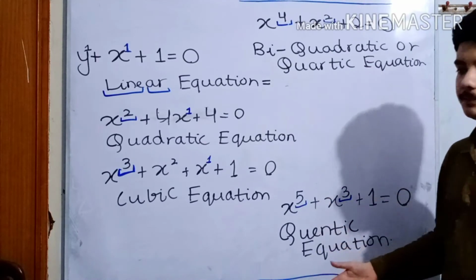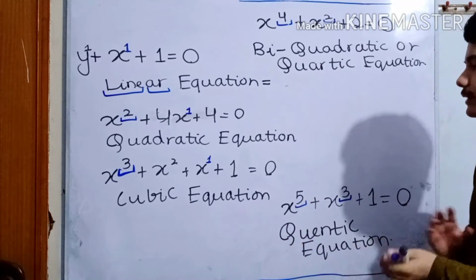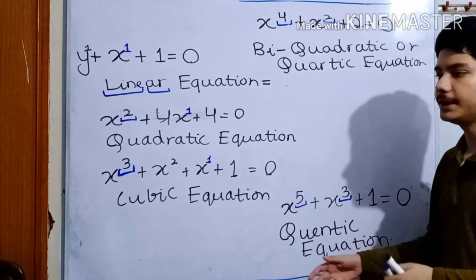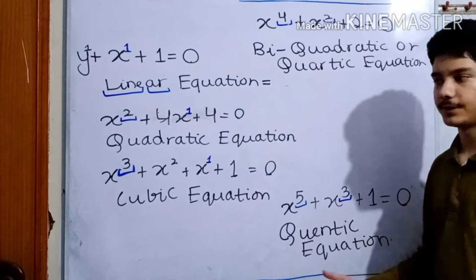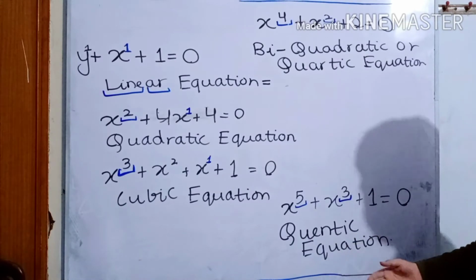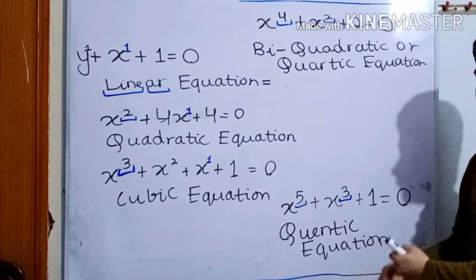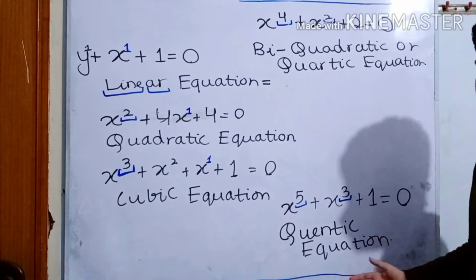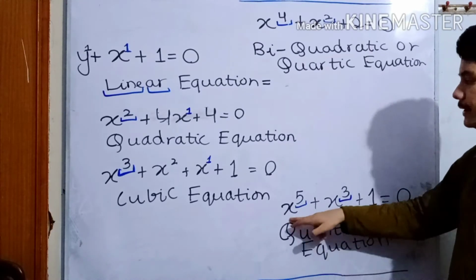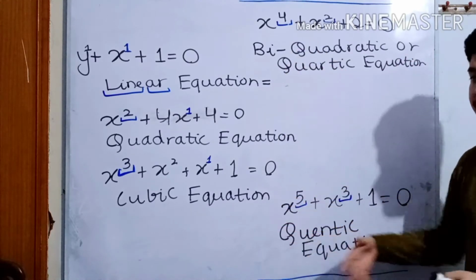Now you may ask, why not x power 6? Because it is so lengthy, and usually in intermediate and matriculation we do not solve these kinds of equations. So we'll leave it here for a moment. 90 or 95 percent of equations are based on these 5 powers, which is why we discuss them.